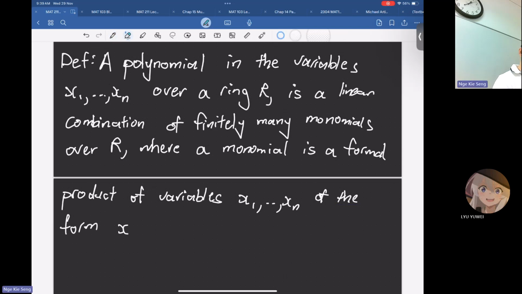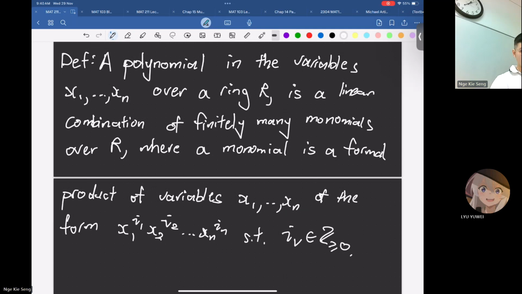I write it as x1 to the i1, x2 to the i2, dot dot dot, xn to the in, such that all these i's live in the integers greater than or equal to 0.